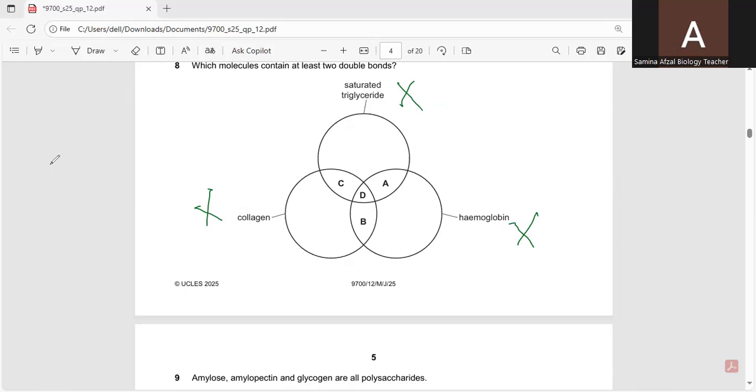And then hemoglobin is globular. This is fibrous, and this is globular. So all of them will not contain any double bond. So according to this, D is the correct option. None of them contain any double bond. So D is the correct option.